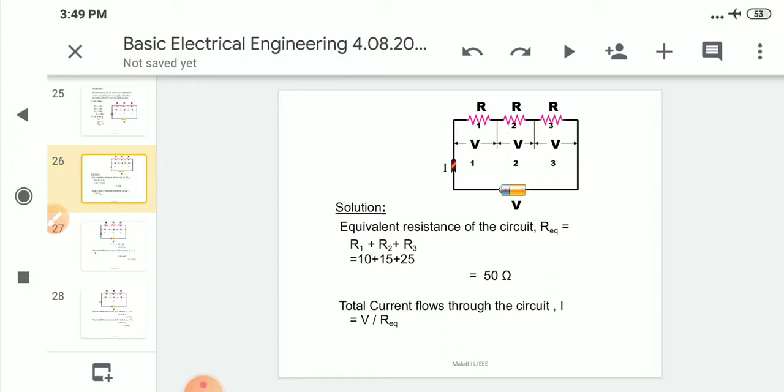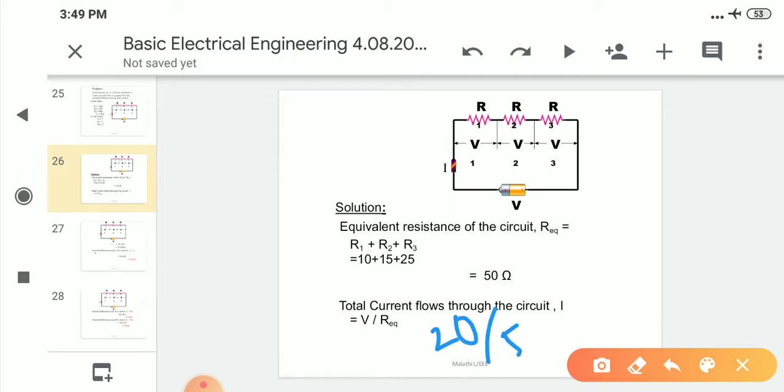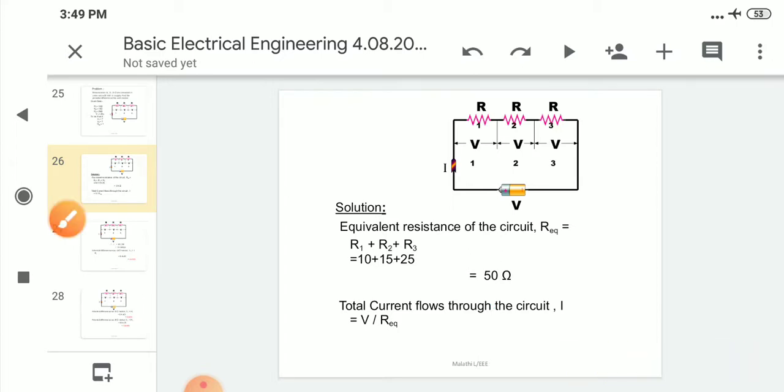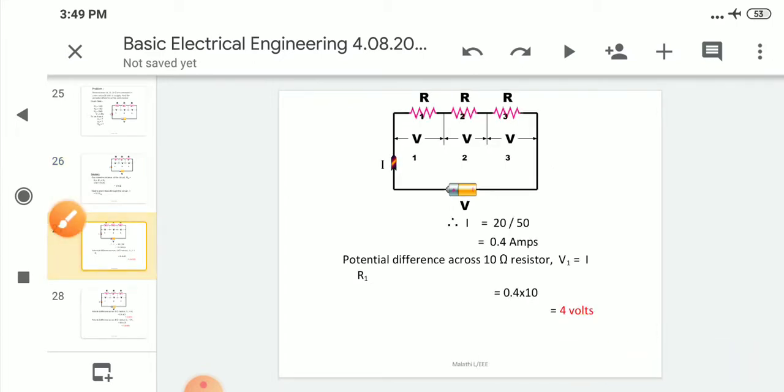So 20 by 50 gives the I value, equal to 0.4 amperes.